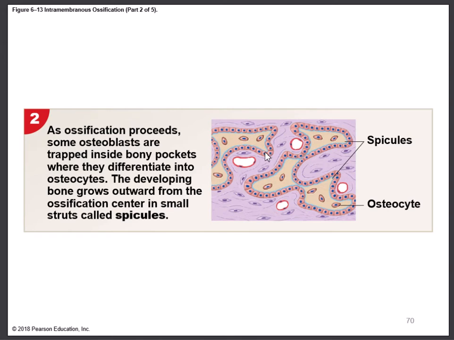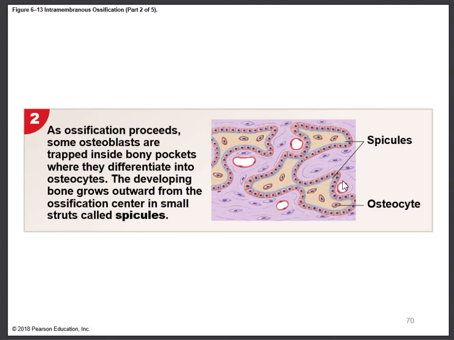These little points are known as spicules. They are what are going to form the struts of spongy bone, which we learned in a previous lesson are called trabeculae. If you notice, the spicules are starting to extend out and approach these blood vessels.